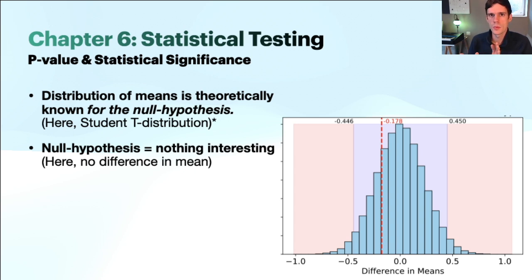So in our example, where we are investigating whether there is a difference in mean between the two populations, the null hypothesis would be that there is no difference in mean and that the average savings rate for both populations are exactly equal. So that is the null hypothesis. Basically, nothing interesting happens.